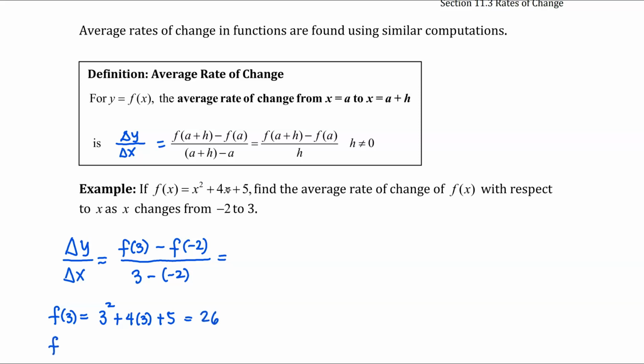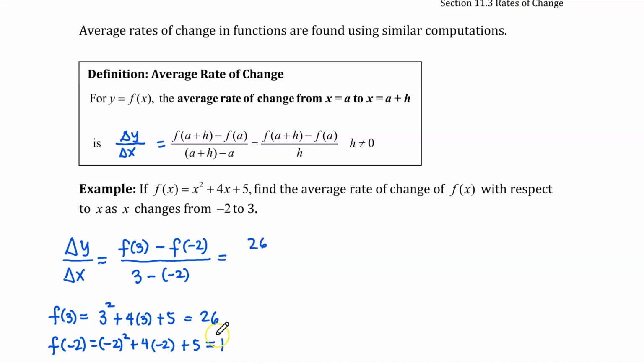And then f of -2 is -2 squared plus 4 times -2 plus 5. -2 squared is 4, plus 4 times negative 2 is negative 8. So 4 minus 8 is negative 4, plus 5 is 1.